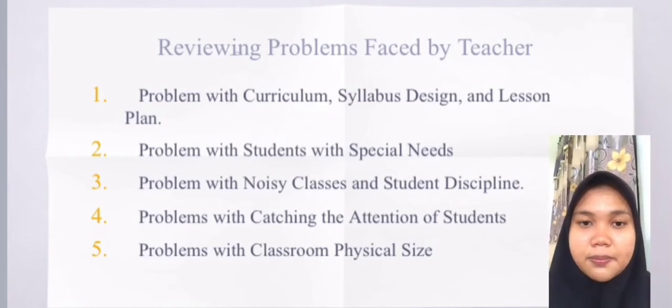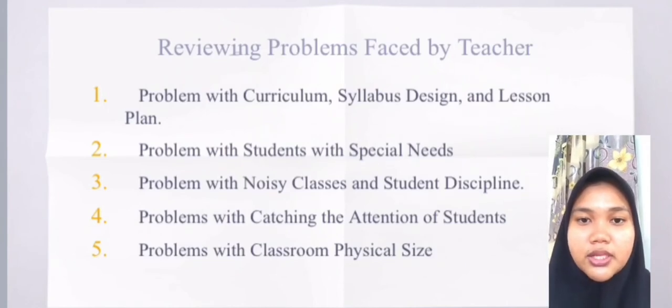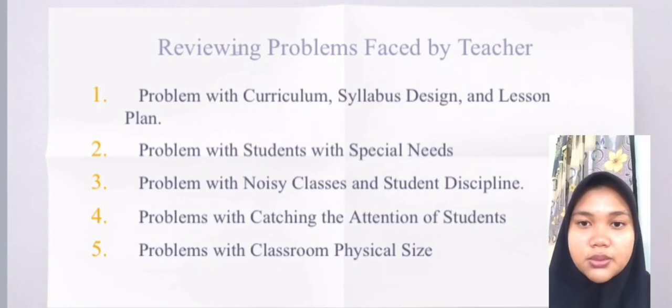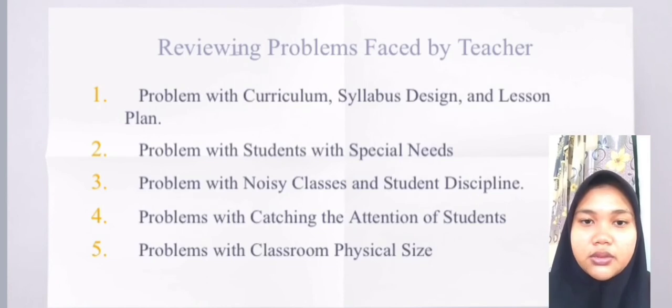The next is problem with students with special needs. The researcher also found that the teacher had problems with two autistic students, one in class 1 and one in class 3. These two students had learning problems such as difficulty in concentrating on study and writing, difficulty to focus, to understand the lessons, and to finish their tasks.